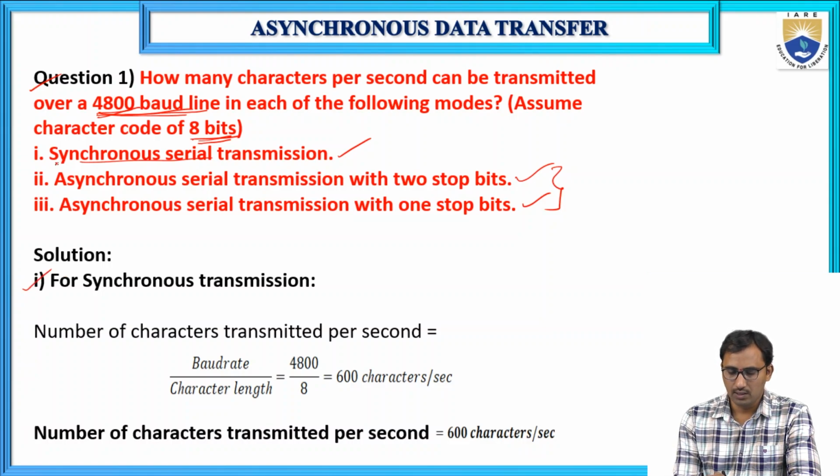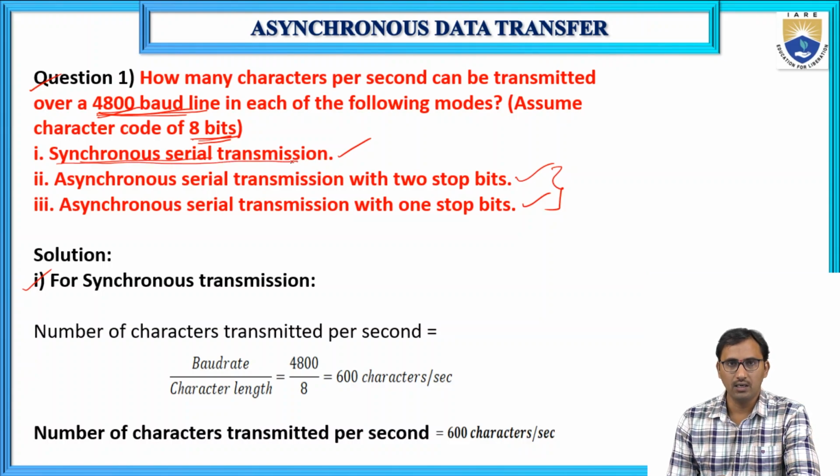First one, synchronous serial transmission. In synchronous serial transmission, we are not using any start and stop bits, only the data bits are transmitted from the source unit to the destination unit. So the number of characters transmitted per second is the baud rate divided by the character length.